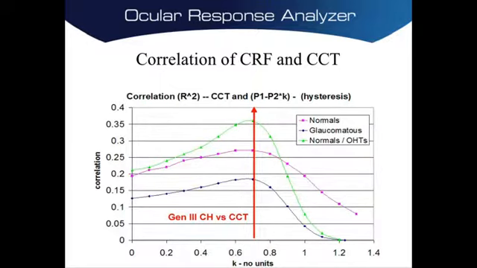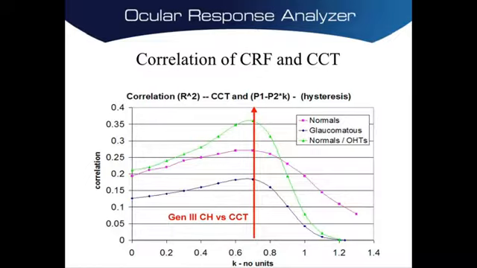We're going to put a constant on this formula, so this is going to be P1 minus P2, which is the corneal hysteresis measurement, times some constant. So we're going to vary the amount of P2 in this equation, like we do with the IOPcc algorithm, to try and learn different things about the cornea.